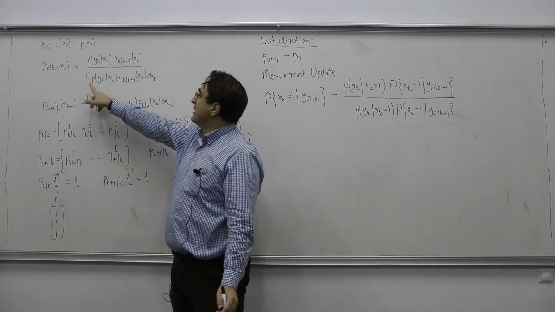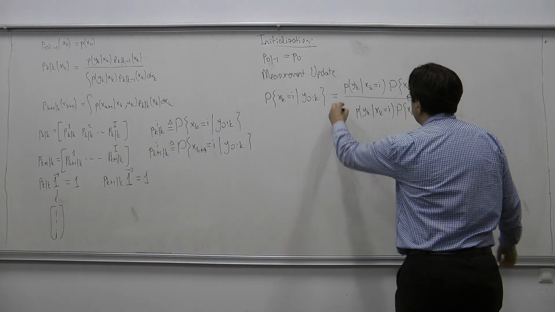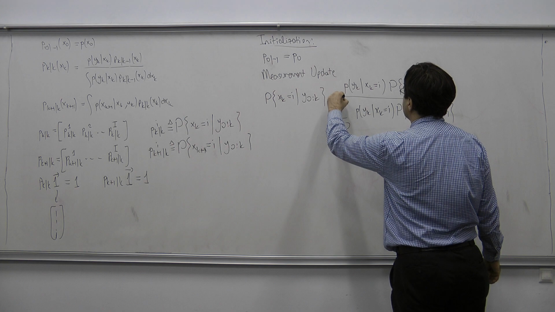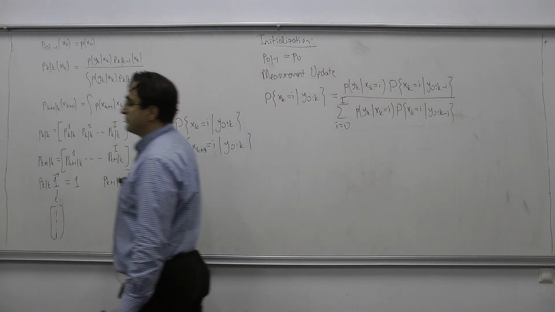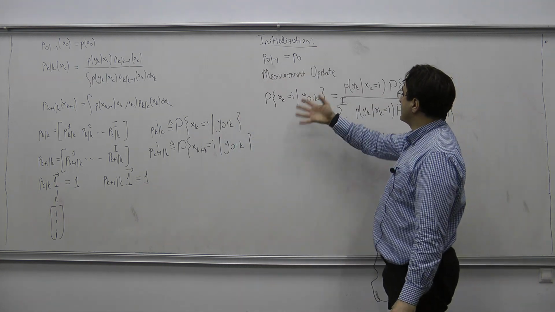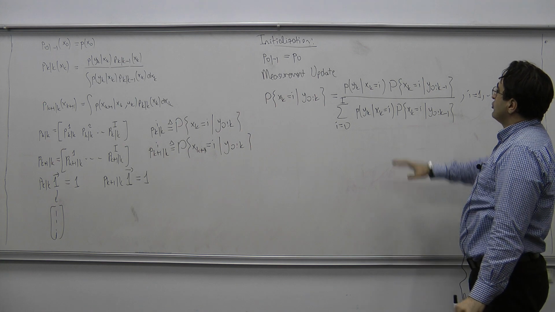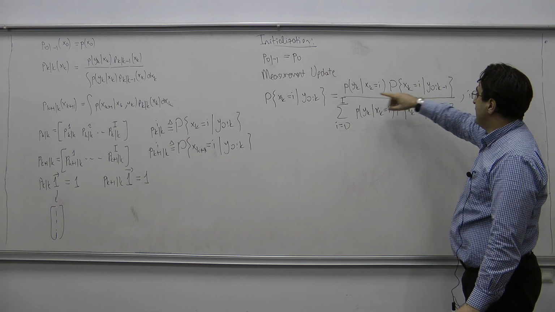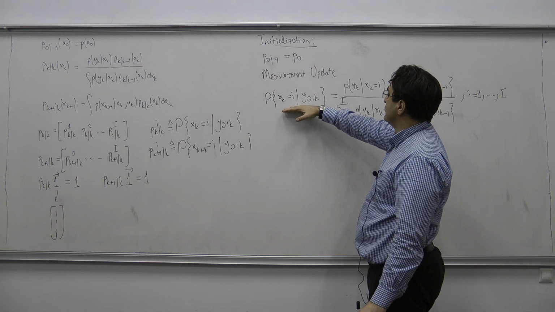In the discrete case, this integral is going to turn into a summation over the whole state space, i from 0 to capital I. This is the measurement update formula for the finite state Markov chains, and this is true for all i from 1 to capital I. So you see that I'm multiplying the likelihood value with the predicted distribution value, and then I'm normalizing those values here.